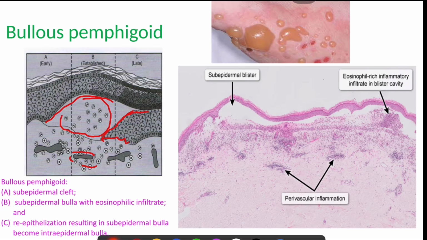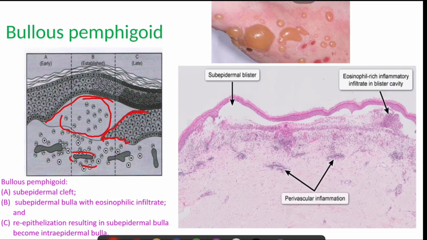So you may identify it as an intraepidermal bulla. So it is very important to know exactly the age of the bulla, and where the biopsy is taken from, whether it is from the early bullous lesion or from the late bullous lesion.